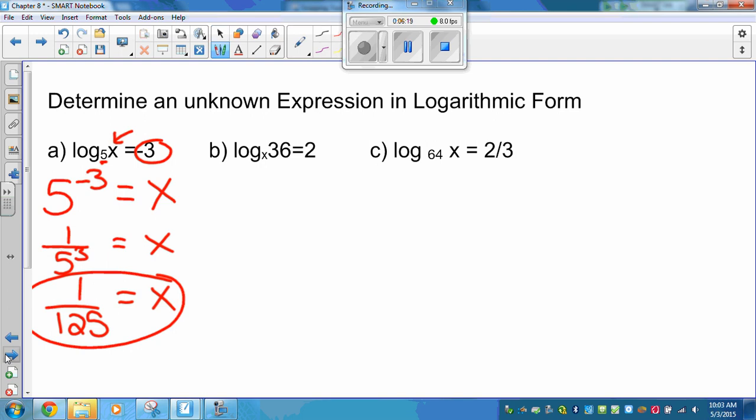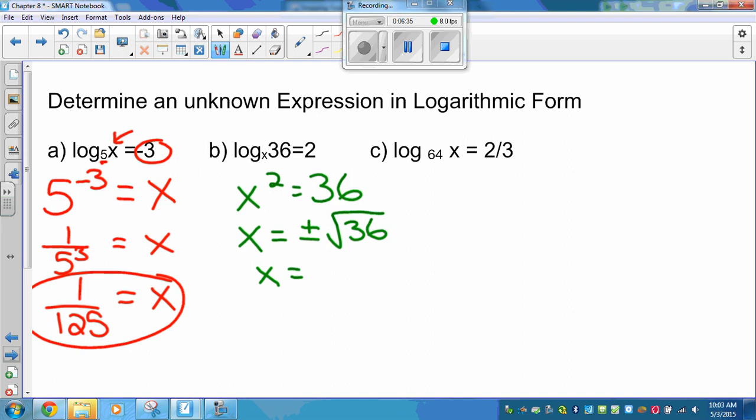B. So this says base x to the power of 2 equals 36. So x squared equals 36. X is equal to plus or minus the square root of 36. X is equal to plus or minus 6. X is the base.